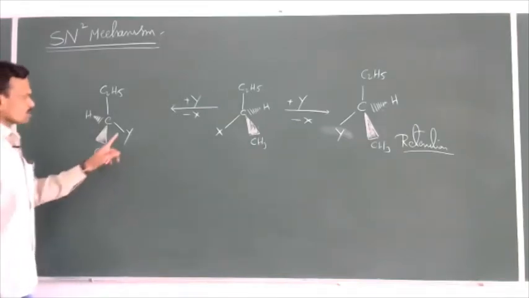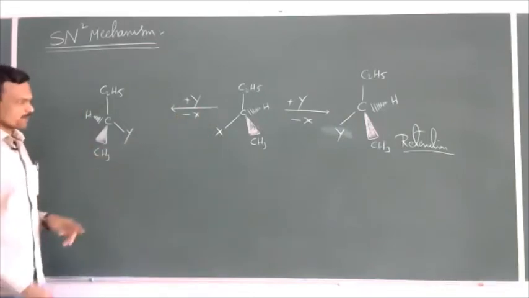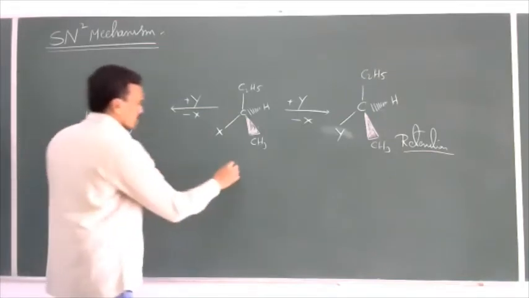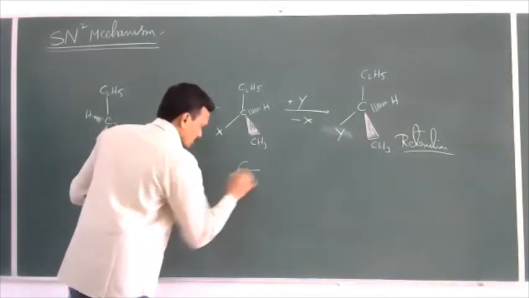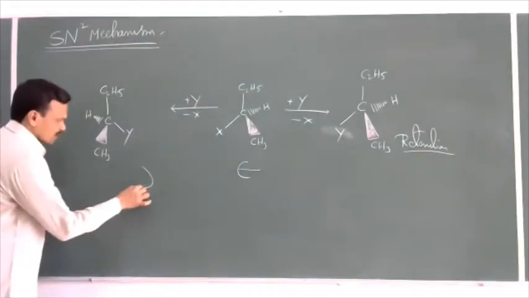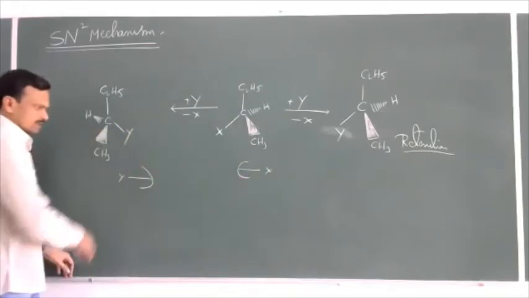If you observe this equation, X is replaced by Y, but the spatial orientation of the groups changes. This is the reactant molecule, and the product molecule we got is like this. Suppose this is X and this will be Y.